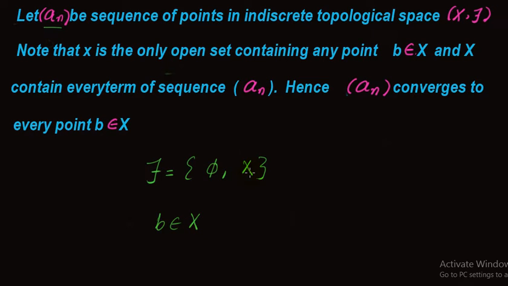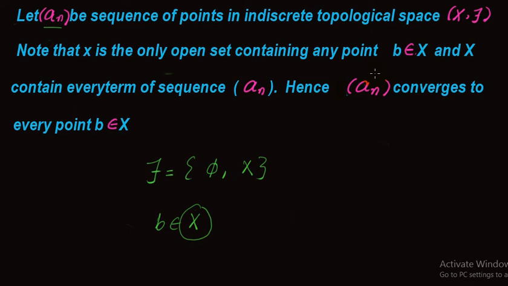Now this open set X contains all the terms of the sequence an. The reason is this set X is the ground set for the topology, and every term of this sequence an is present in this set.